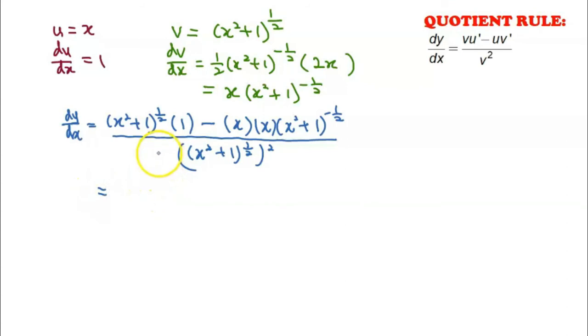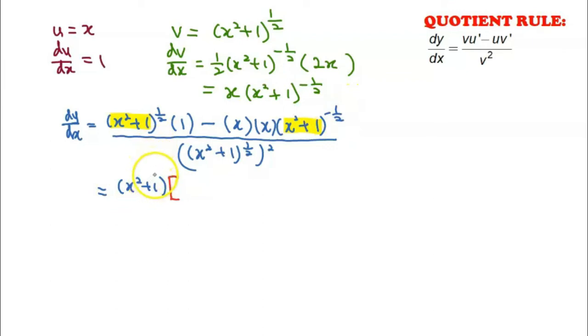Next, we are going to simplify our answer by factorizing out the common factor, which is x squared plus 1. Then, we are going to calculate the remaining factor. For x squared plus 1, the front part is to the power of 1 over 2 and the back part is to the power of negative 1 over 2.